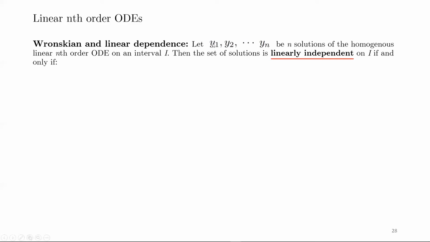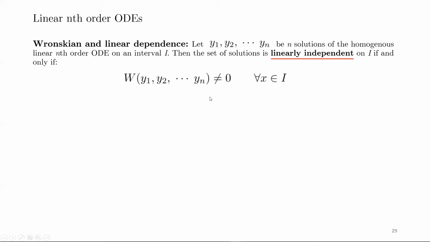Well, let's take n functions, y1, y2 through to yn, and these functions are n solutions of the homogeneous, very important that we write here, homogeneous linear nth order ODE on some interval I. The set of solutions is linearly independent on this interval if and only if the Wronskian, the determinant of that matrix, is non-zero.